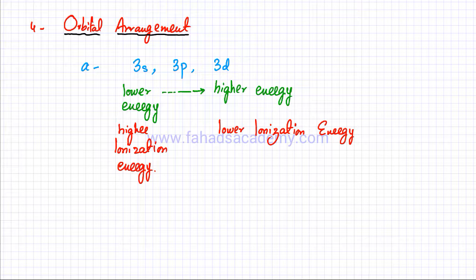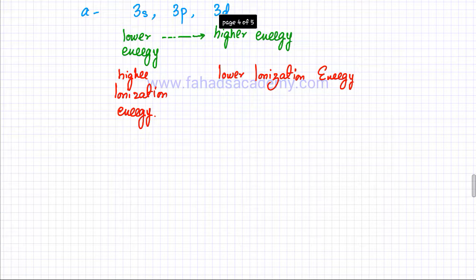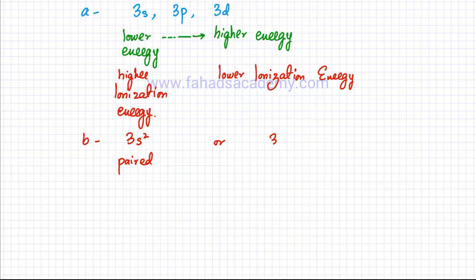The second point is that if you're removing electrons from the same orbital, for example, I'm removing an electron from a 3s2 orbital, a full 3s2 orbital, which means that the electrons are paired, and I'm comparing that with removing an electron from a 3s1 orbital, which means that the electron is unpaired.